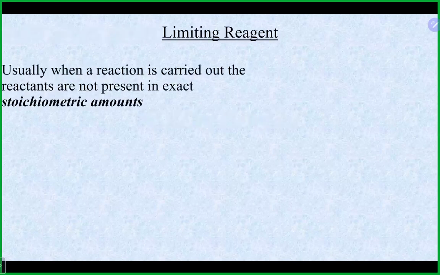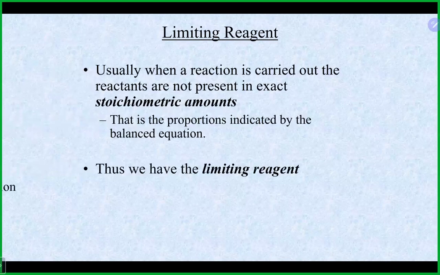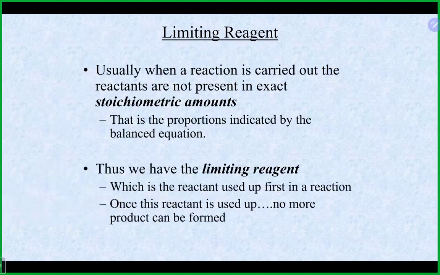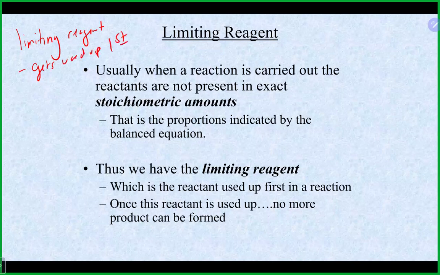And the idea here is when you do an actual reaction, the relationship between the two reactants is one where there's usually a reactant that gets used up first, or a reagent that gets used up first, and that is what is known as the limiting reagent. So in a stoichiometric reaction, a lot of times there is what's known as the limiting reagent or reactant, same thing. And that's the one that gets used up first in the reaction.